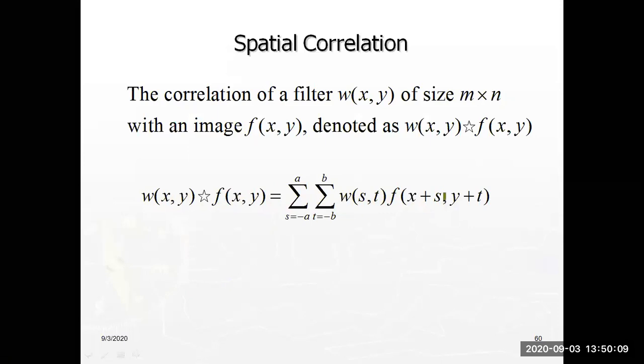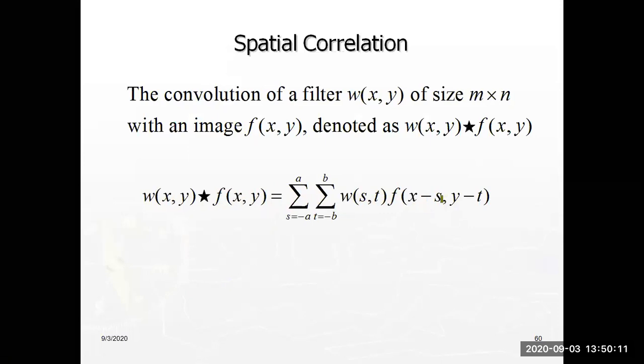This is for correlation and the other is for convolution. Simply the sign differs, x plus s and y plus t versus x minus s or y minus t. Another difference is that the mask has size m times n, and the image has size capital M times N.